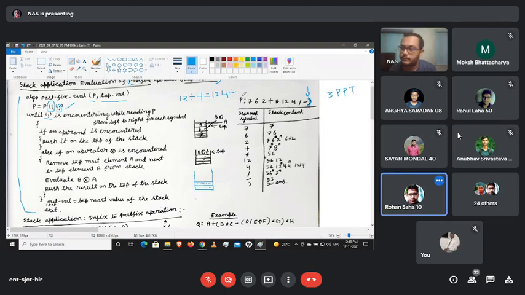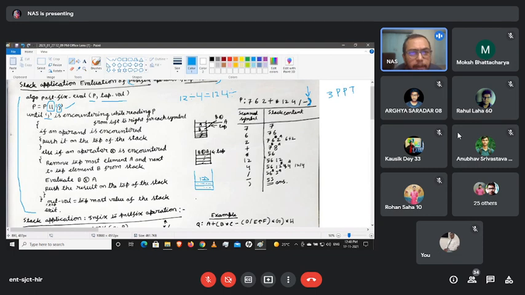No sir. Okay, so when we read the postfix, first 12 will be read, so 12 will be inserted here. That was the line: if an operand is encountered, push it on the top of the stack. After inserting 12, the pointer comes to the top, and reading another operand, 4, it will again be pushed on the top of the stack.